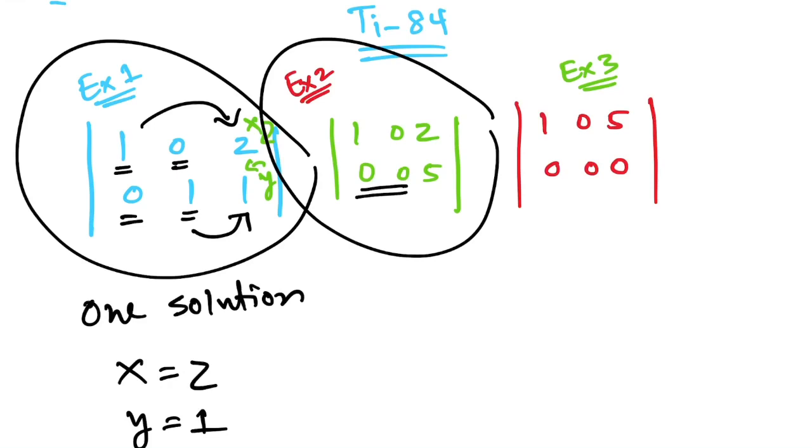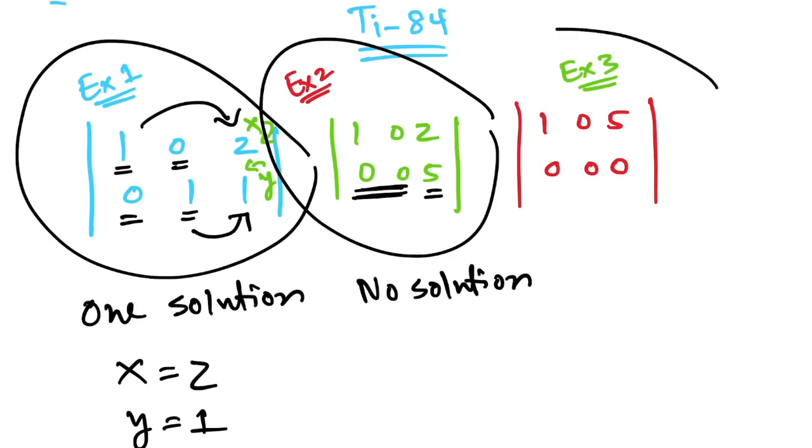Since you have two zeros here and 5 here, that means it is going to be no solution. If you have 0, 0, any number other than 0, it is going to be no solution. That means you don't have any x or y value.